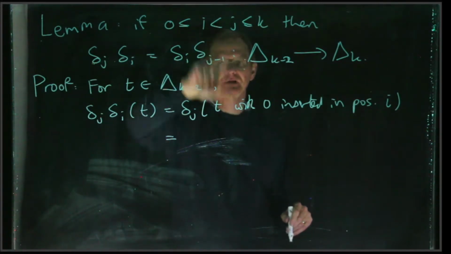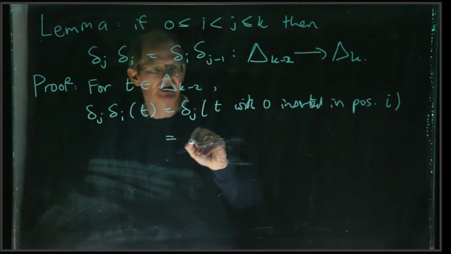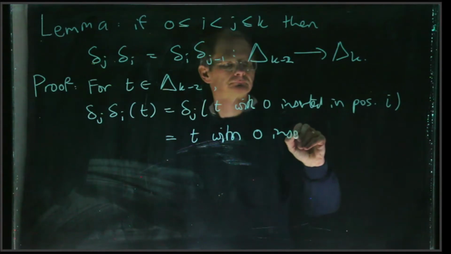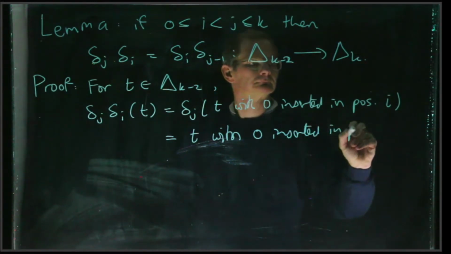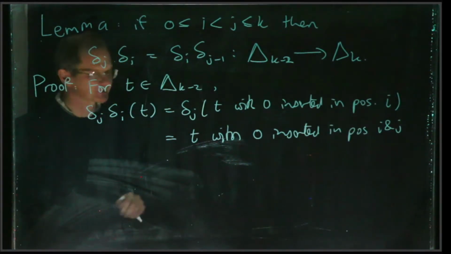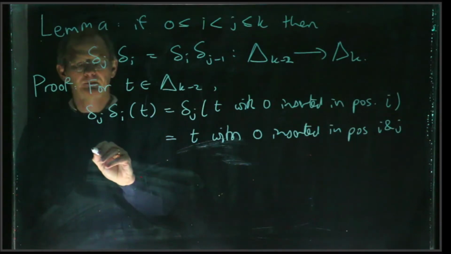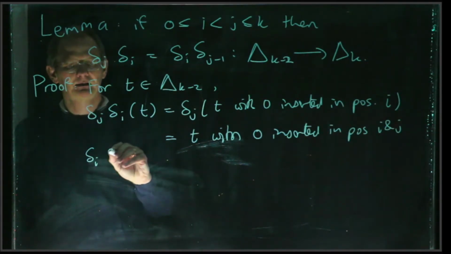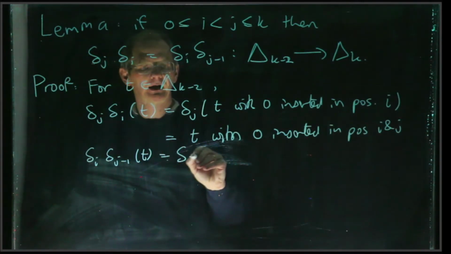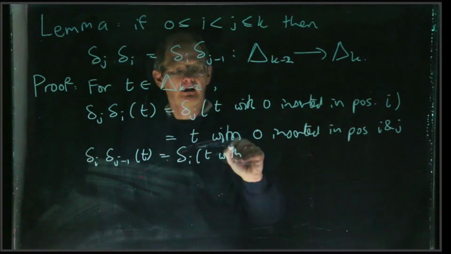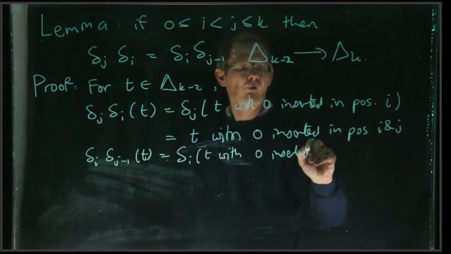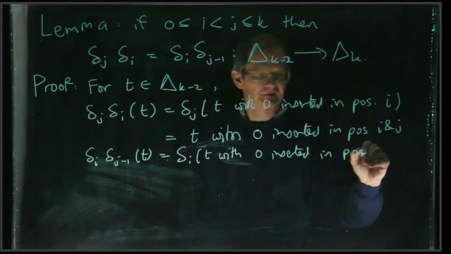So when you do the delta j, you just put in a 0 in position j. So you've got zeros inserted in positions I and j. Now for delta j minus 1, delta I, delta j minus 1 of t: that's delta I of t with 0 in position j minus 1.